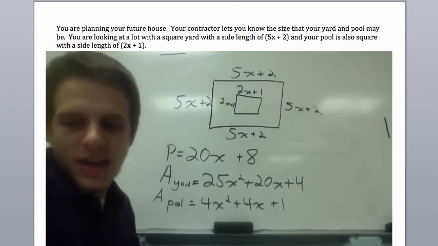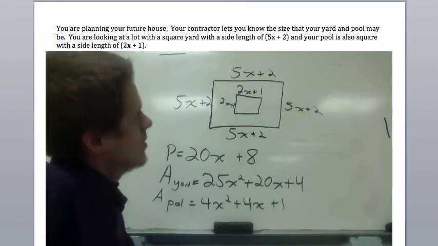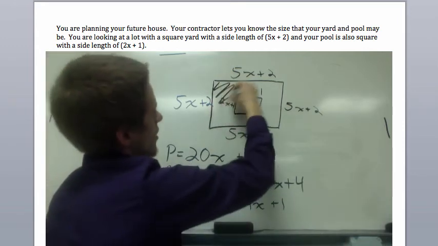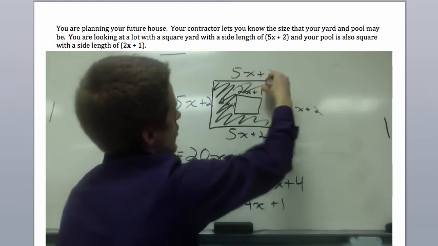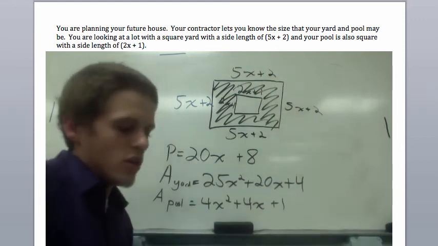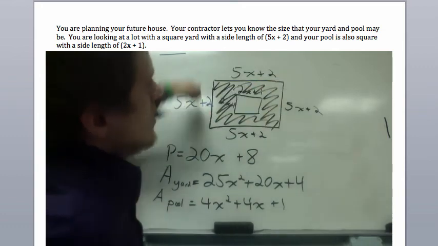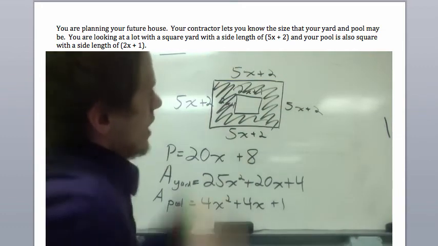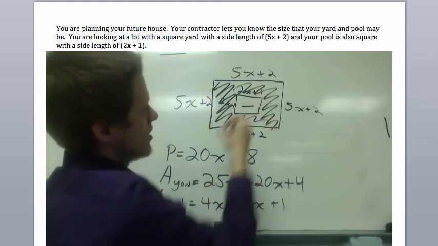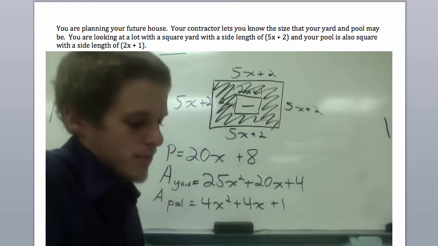So when it's asking you to find the area of the yard where the grass can go, it's asking you to find this area right out here. Using the information we already know, you can take the area of the entire yard, and all you've got to do is subtract out the area of the pool.